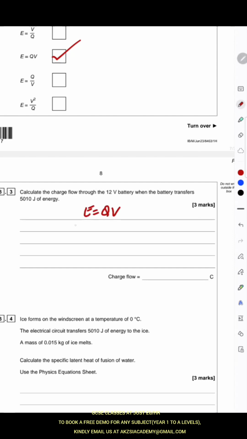We have to calculate charge, so on rearranging, it will be E by V. Energy is 5010. Always look out for the units. You have to make sure that every unit is a standard unit or related to the one they are asking for in the answer. C is the standard unit, so every other unit should be standard. Volts, joules, okay, fine, then we can proceed. 5010 over V, which is 12, on solving we'll get 417.5. So 417.5 is the correct answer.